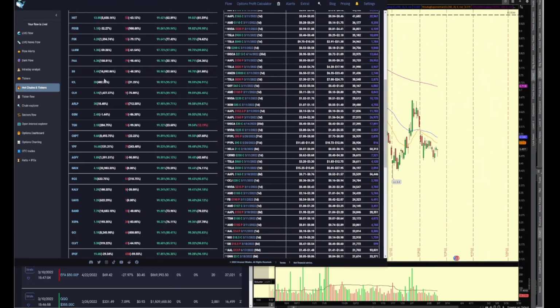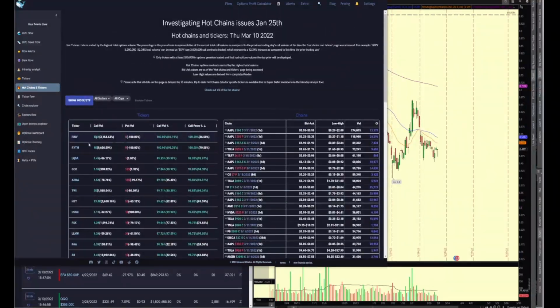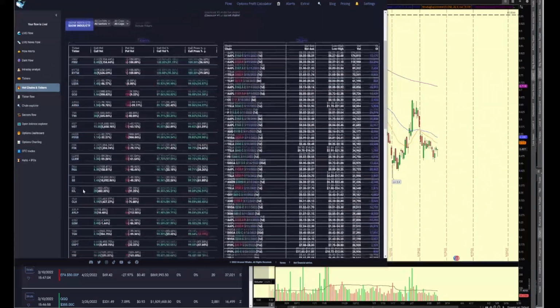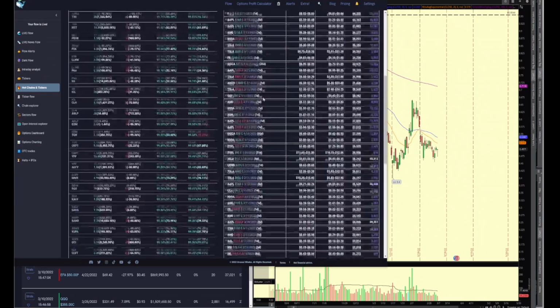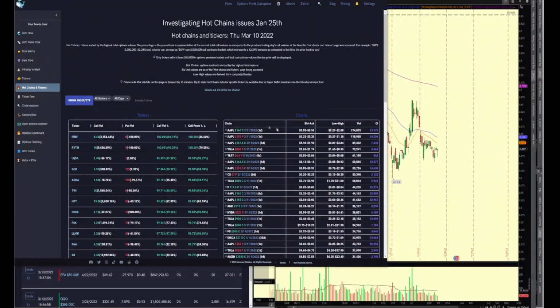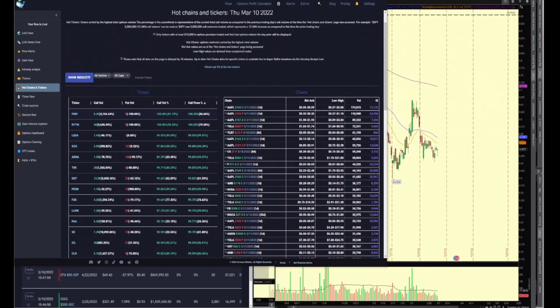Right. So this is one way of doing it, but when you're looking at the tickers here on the left side, you're really going to have to do more digging to understand what it is that you're going after. You have to filter it a lot more manually here, or pull up the chart and everything this way. These right here are going to be the hot chains, which is going to be more catered to what we're looking for, especially if we're day trading, because it's giving us a lot of options that are expiring very soon as well, right?